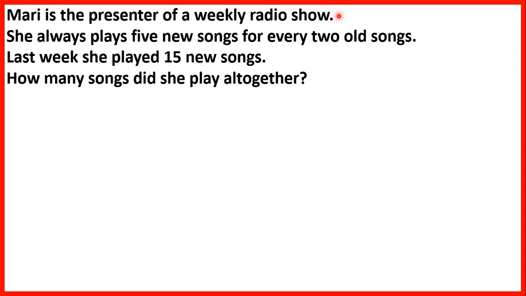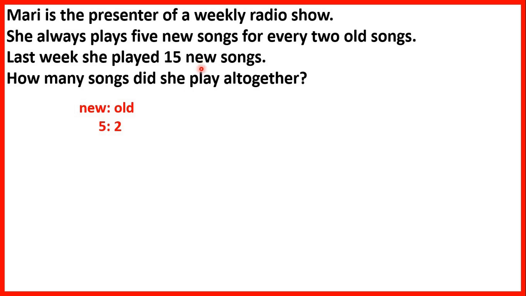Marie is the presenter of a weekly radio show. She always plays 5 new songs for every 2 old songs. Last week, she played 15 new songs. How many songs did she play altogether? So we know that the ratio of new songs to old songs is 5 to 2.